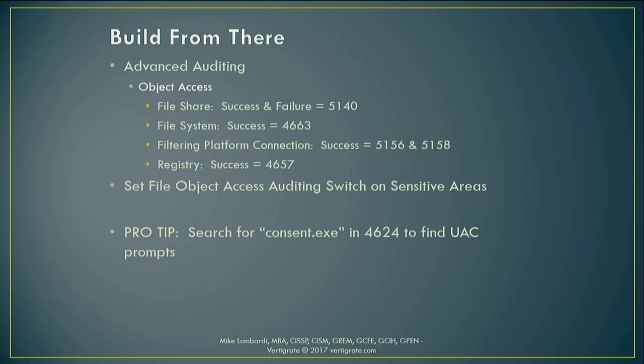In 4624, I like to look for consent.exe, because what does that do? That shows that you get the UAC prompt. And the account associated with that 4624 event is that local admin.